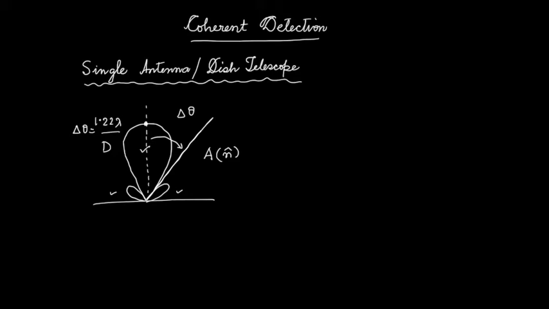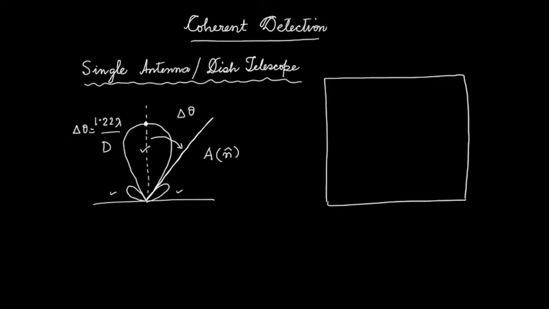And if I want to see or measure the structure of intensity in the sky, what I had to do is, imagine that we want to measure the intensity coming from different directions in this part of the sky. This box represents the sky.